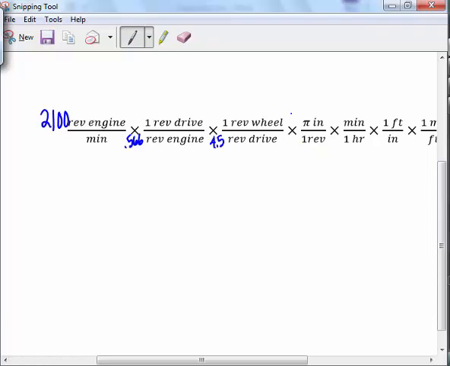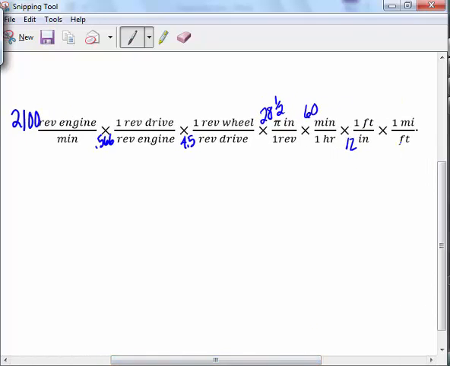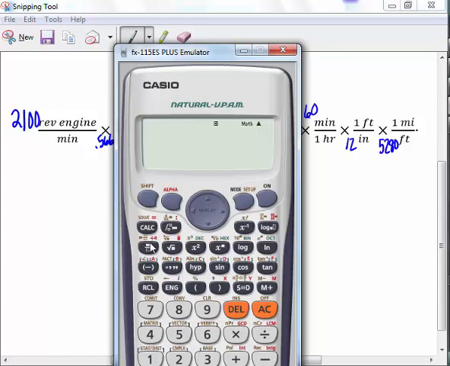One revolution of the wheel was 28.5 pi inches. 1 hour is 60 minutes. 1 foot is 12 inches. And 1 mile is 5,280 feet.